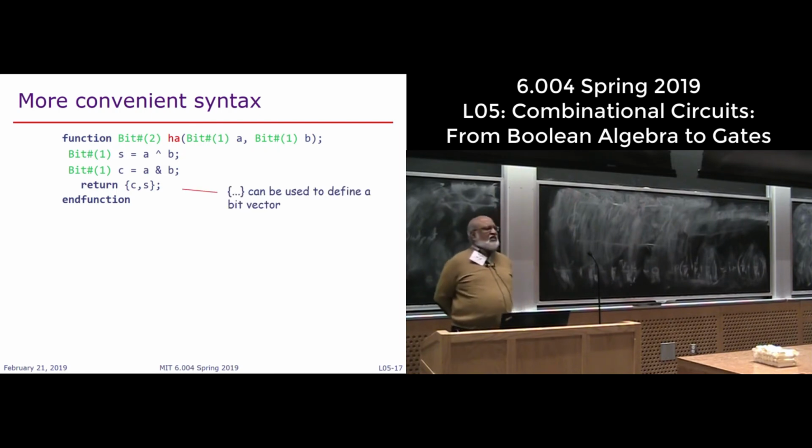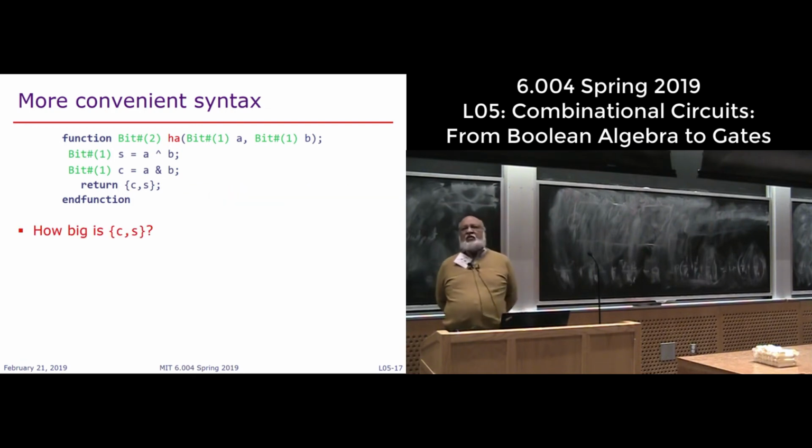Okay, the other syntactic convenience is this. You have already seen this syntax, these curly braces, which is like concatenation, which is the easiest way of writing a bit vector without assigning to bit 0, bit 1. Just write it there and put curly brackets around it. So if I do that, then this quantity has to be 2 bits. Why?